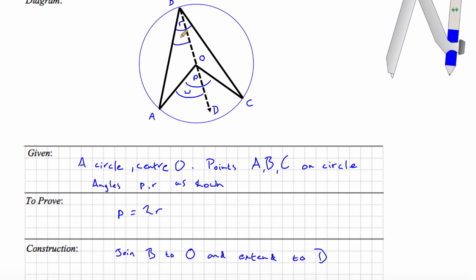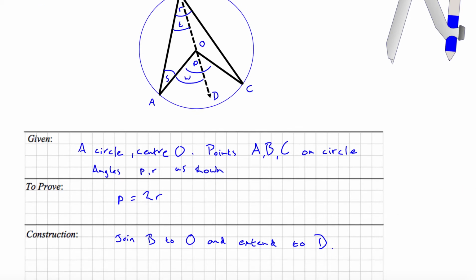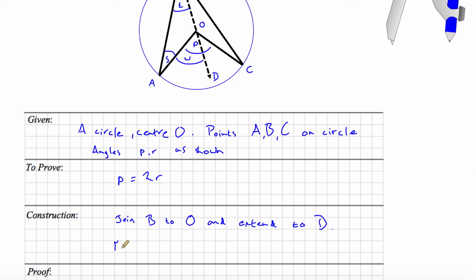The smaller angle you've created there, we'll call that T. And then this angle down here, we're going to call this angle here S. So we're looking really at the triangle ABO now, the angles there. So that's also part of what we've constructed. We've done the extension and then we mark the angles W, S, and T.